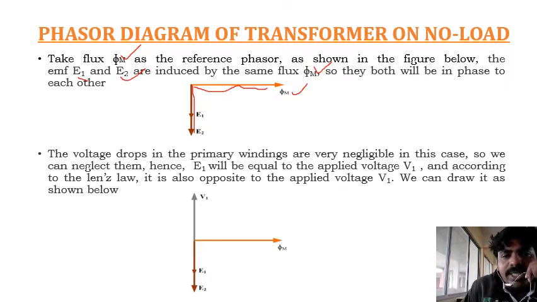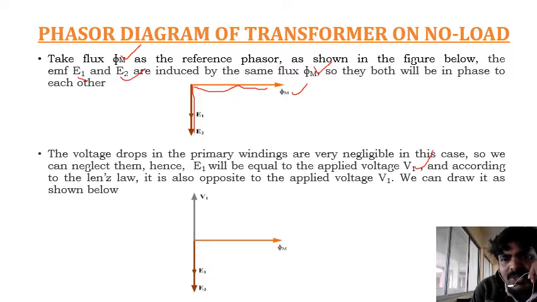Now the voltage drop in the primary winding is very negligible in this case, so we can neglect it. Hence E1 will be equal to the applied voltage V1. Obviously E1 and V1 are equal in magnitude, because E1 is produced by the supply voltage V1 only.